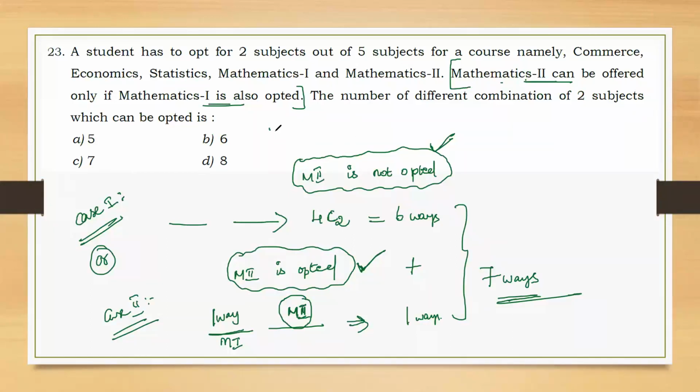They didn't mention that if you select M1, you must select M2. That is not given. The condition is if you select M2, then M1 must be one of the subjects. So the main point is whether M2 is opted or not opted. That's the case.